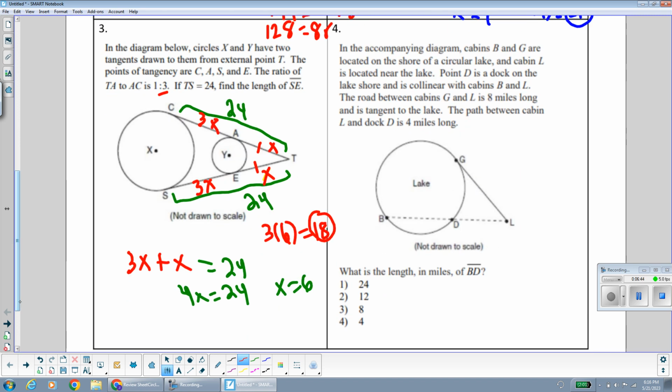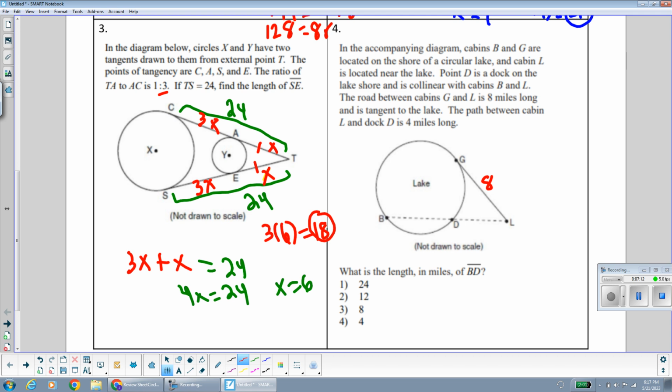Okay. In the accompanying diagram, cabins B and G are located on the shore of a circular lake, and cabin L is located near the lake. Point D is a dock on the lakeshore and is collinear with cabins B and L. The road between cabins G and L is 8 miles long, so we're talking about the length of segment GL, and is tangent to the lake.